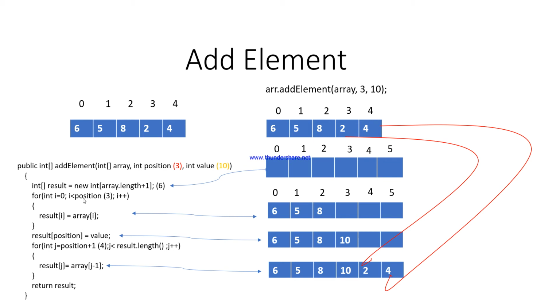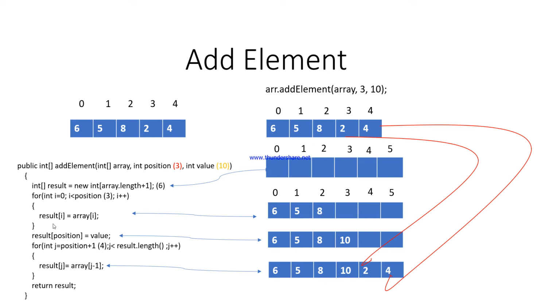Whatever the array has, the values 6, 5, 8, have to be duplicated in the same positions in the result array. So the array of 0, the value 6, will be copied into result of 0. So 6, 5, 8 are copied into the result array.